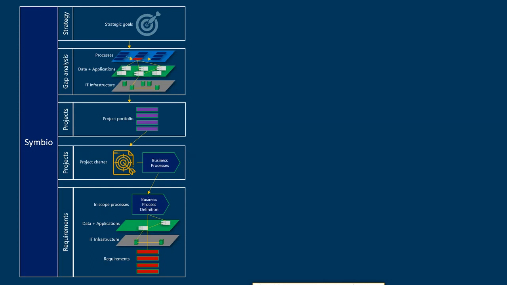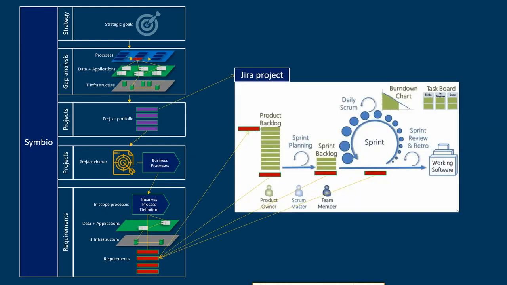Now, all of this is managed very nicely in the Symbio stack, so from top to bottom. You can do all those things in Symbio, and you can do it very effectively and very easily. However, on the other side, you have many, many companies who use Jira as, let's call it, a project management tool or platform to execute agile type projects.